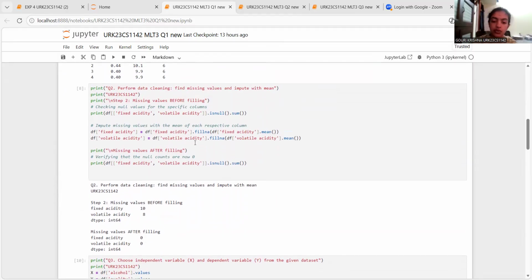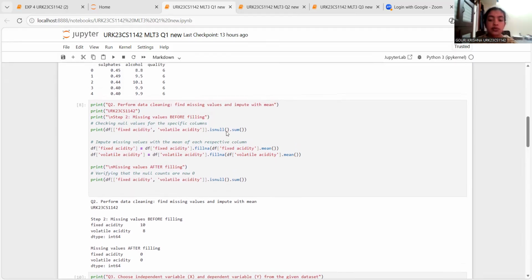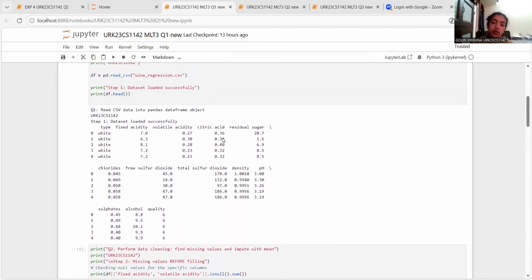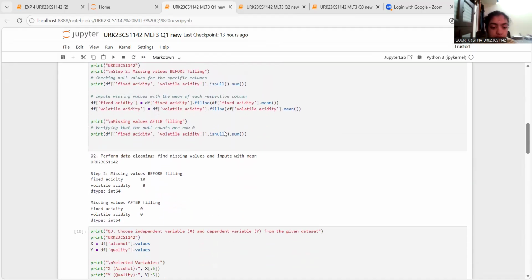If missing values exist, they are replaced using the mean imputation. The mean imputation helps to keep the data set complete. That's why we are using the mean imputation here.